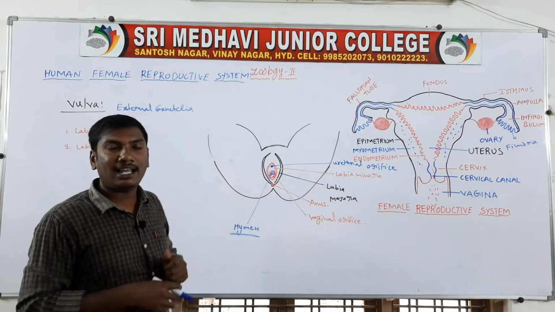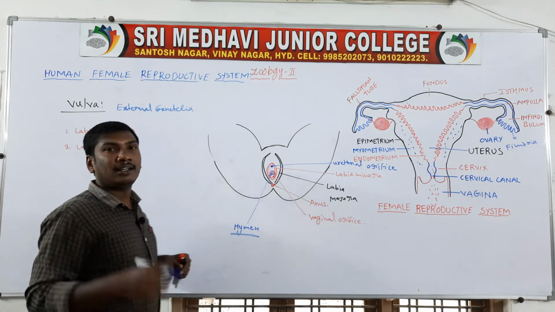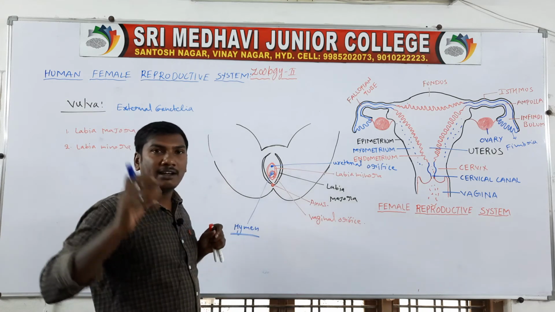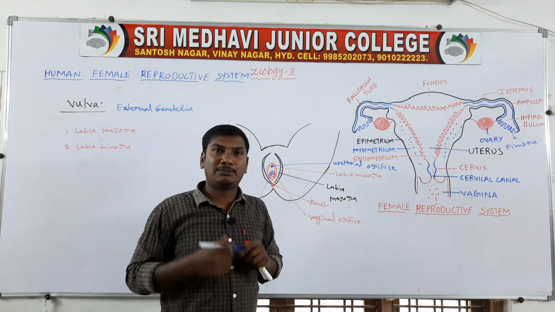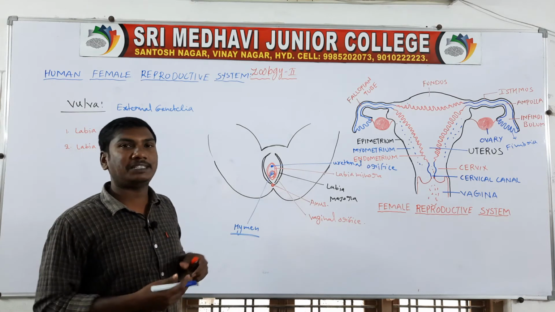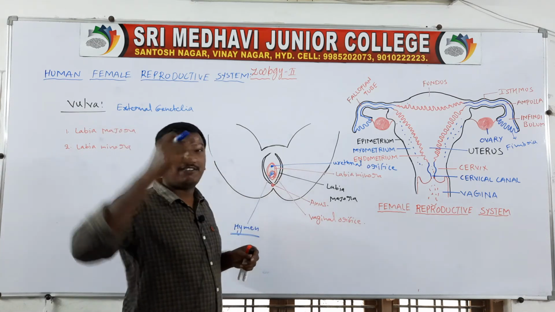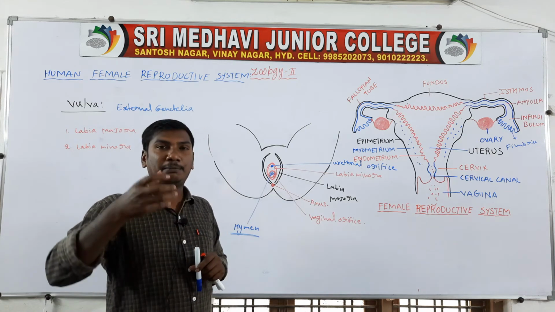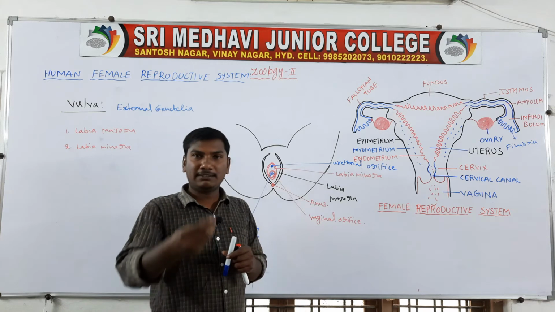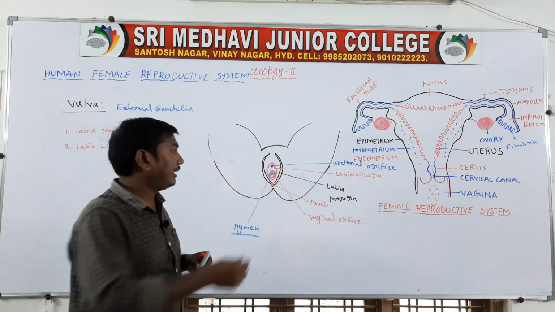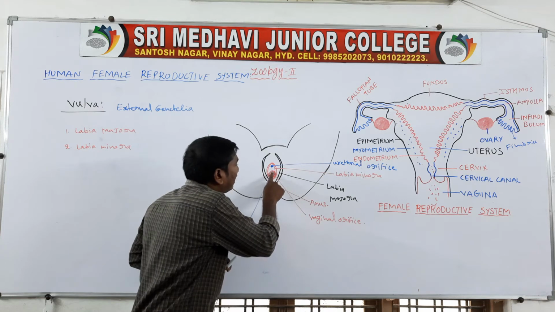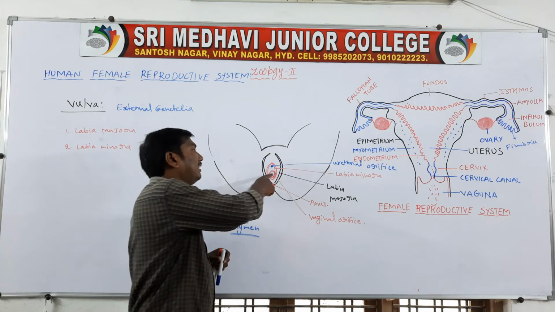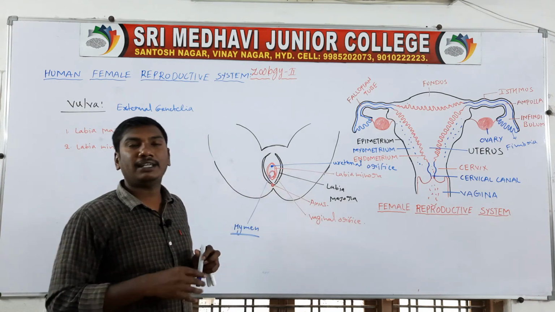At the first sexual intercourse, the hymen layer ruptures, and blood drops are released from the rupturing of the hymen. So the hymen identifies the virginity of females.